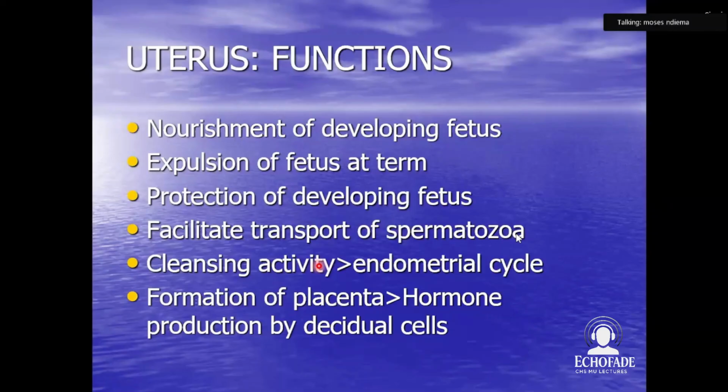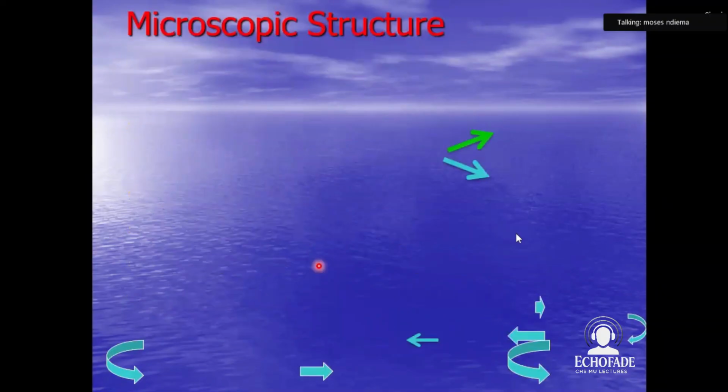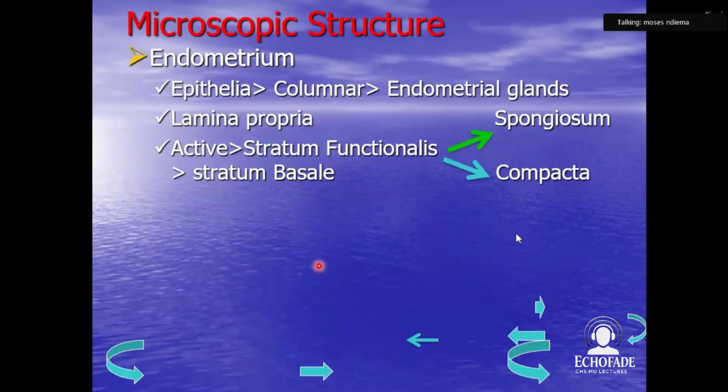So this wall of the uterus, we have several layers. We have what we call the endometrium. The innermost wall is the endometrium, and the endometrium is lined by an epithelia, which is columnar, sometimes ciliated epithelia, especially in the child, and contains endometrial glands.